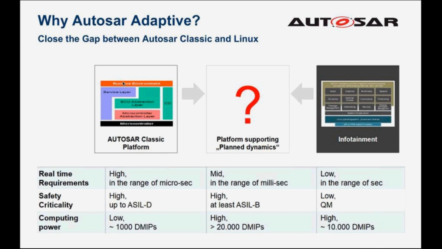So there's something missing in the middle, something that actually has parts of both worlds. So it is at least certifiable to a certain safety level and has some real-time behavior, as well as being able to run on higher performance platforms.